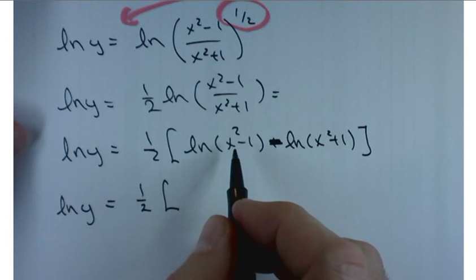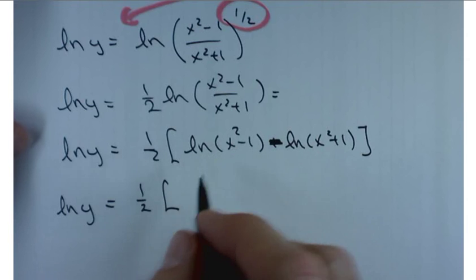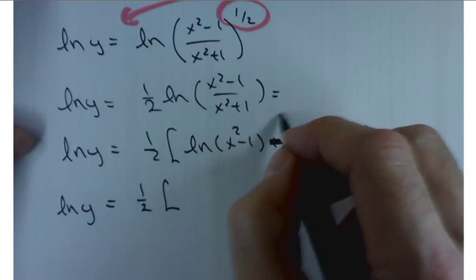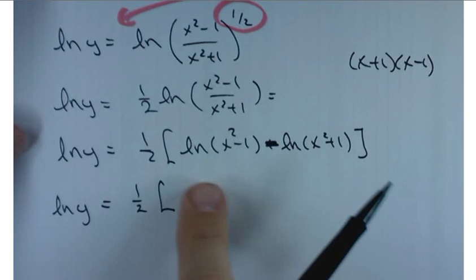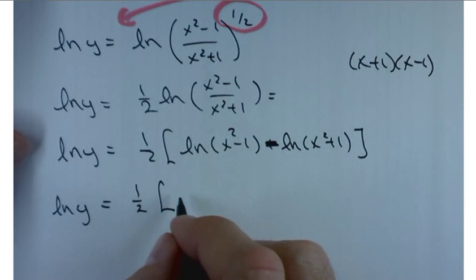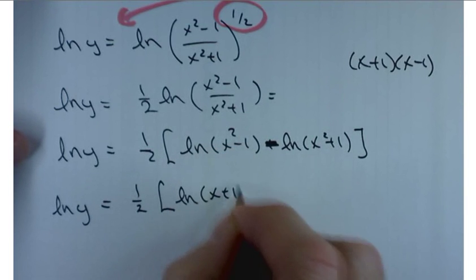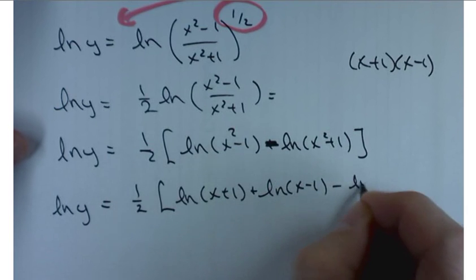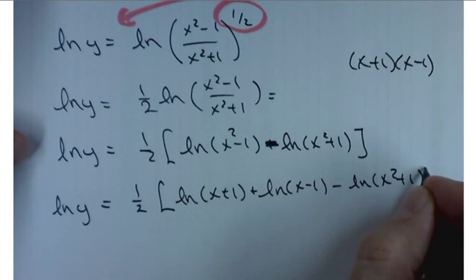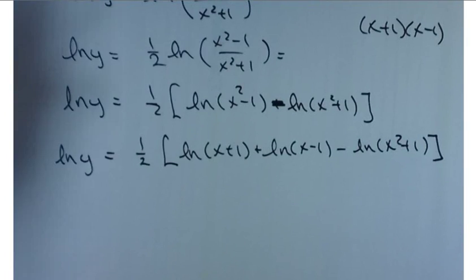How does x squared minus 1 factor? x plus 1, x minus 1. So really this is the log of a product, which becomes the sum of the logs: ln of x plus 1 plus the ln of x minus 1 minus the ln of x squared plus 1. Okay, I think we've gotten as much mileage as we can out of the logarithm. We've used pretty much every property that we have.